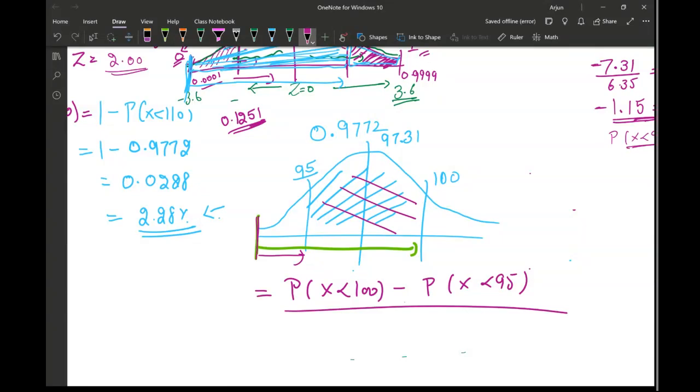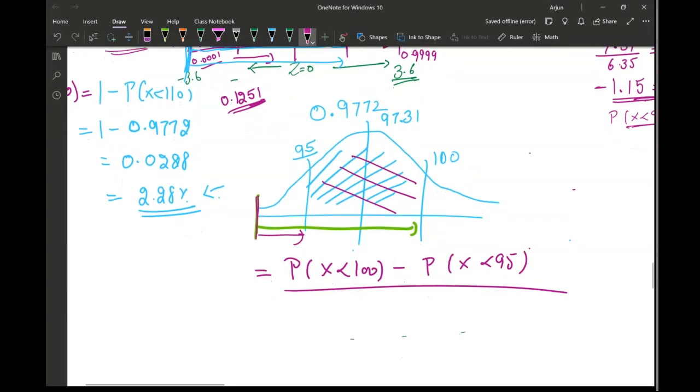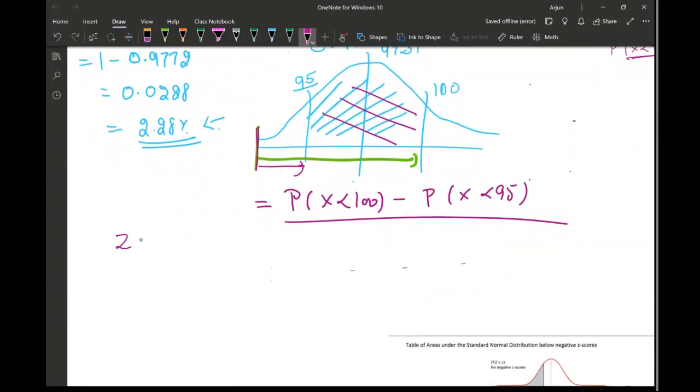All right, so I have to find the z-score corresponding to 95. First of all, the z-score for 95 is 95 minus 97.31, divided by 6.35.